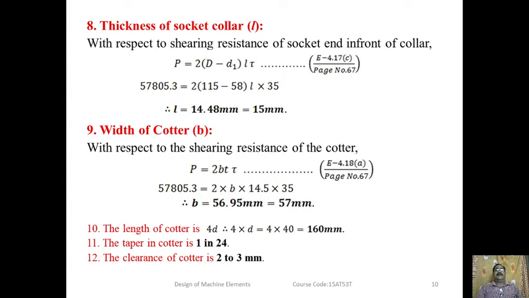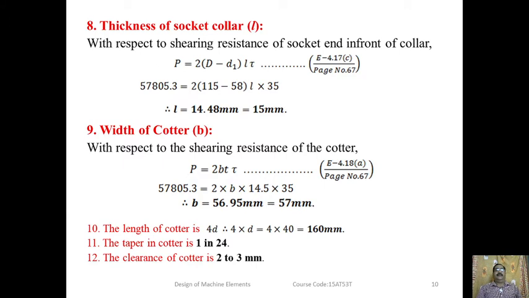For this we have to use the equation 4.17c, page number 67, which is in the design data handbook written by K. Mahadevan and K. Balveera Reddy. After substituting the values, the value of small l comes 15 mm.